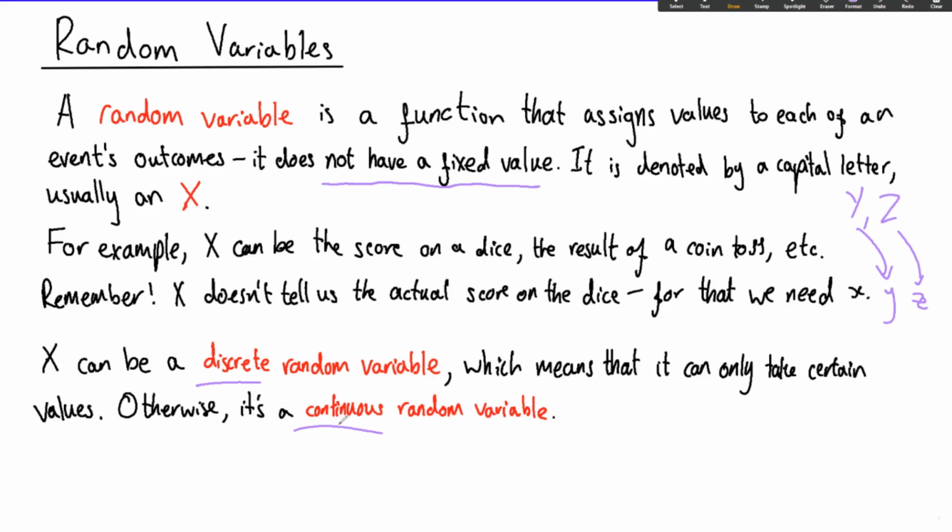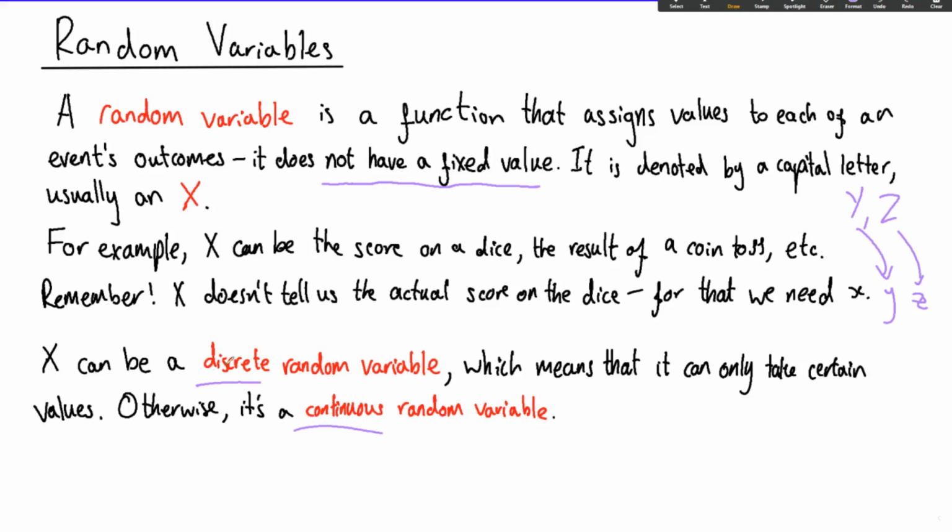If it's continuous, it can be a multitude of different values. For example, someone's height can be any value you can think of, whereas discrete would be more something like the score on the dice, or people's height rounded to a specific number.